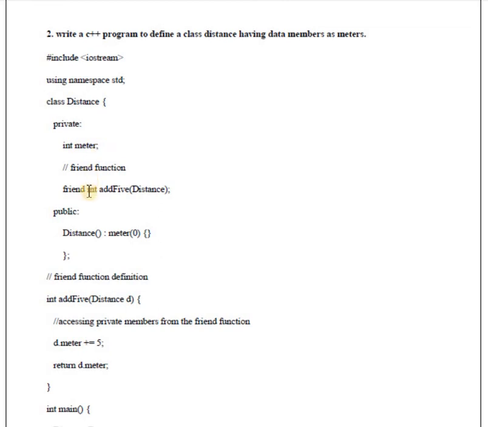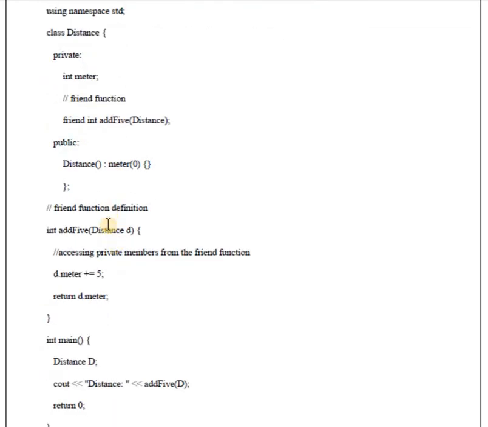Then friend function add5 is declared. Then in public, there is one method, distance, defined. Here the class definition is completed.